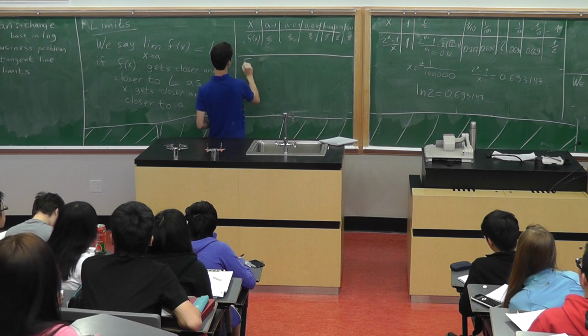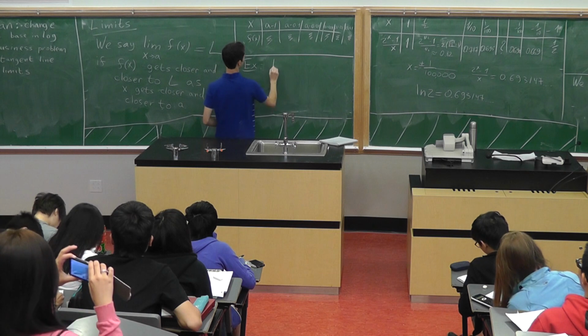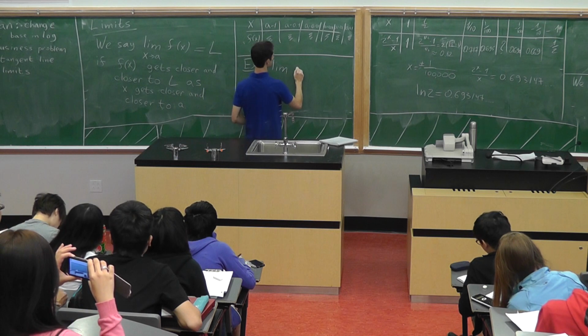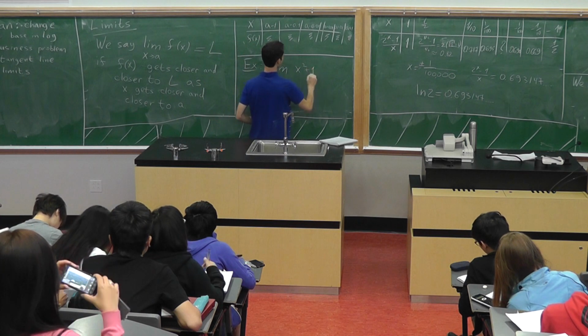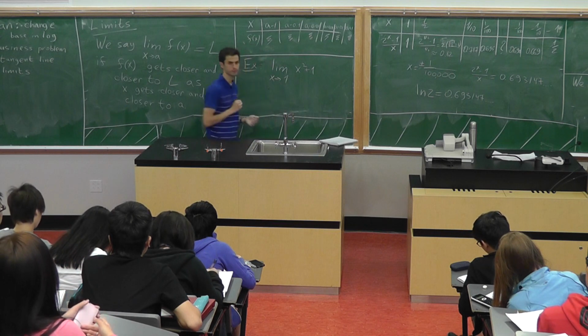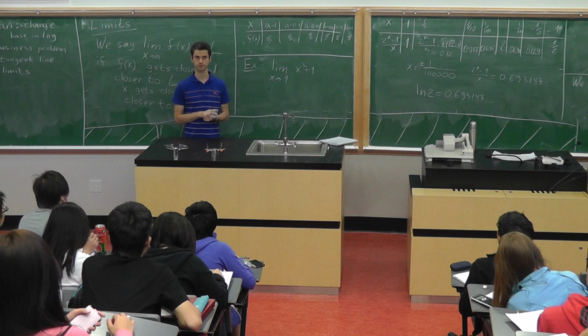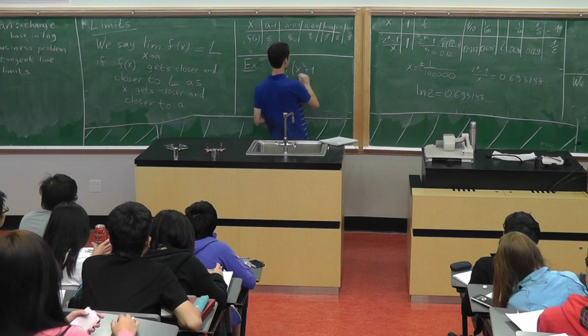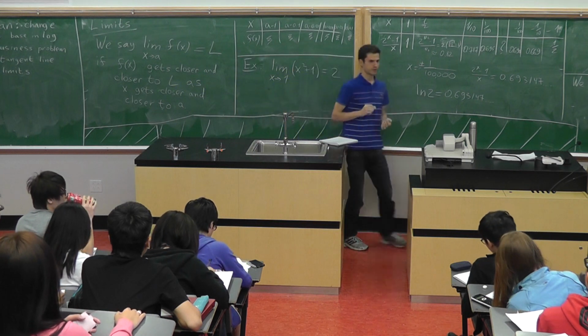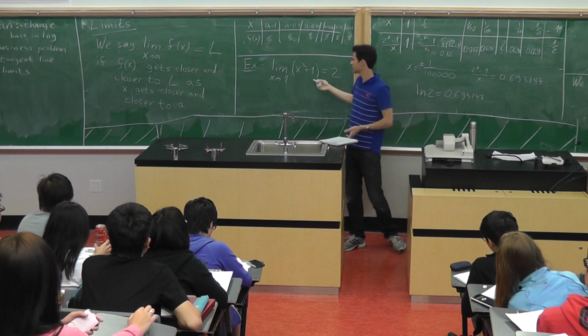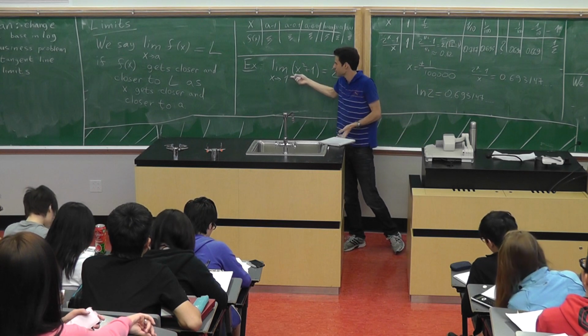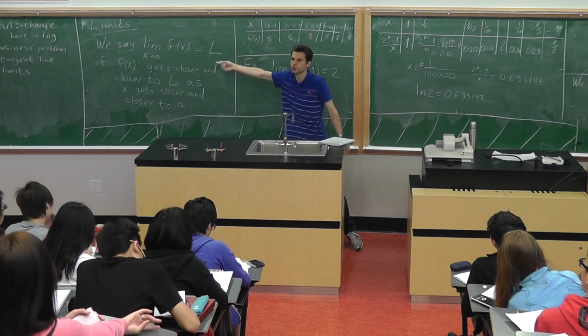For example, limit of x squared plus 1 as x tends to 1. What is it? 2, right. And the reason is, according to the definition, what should we check?